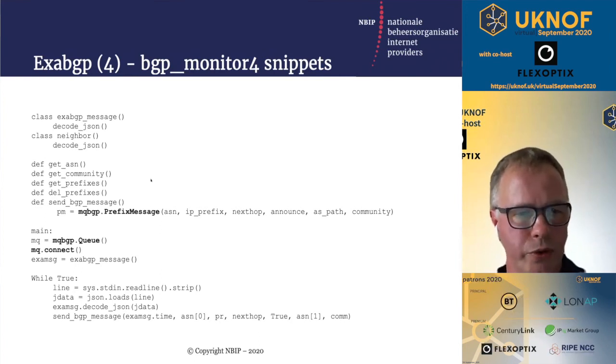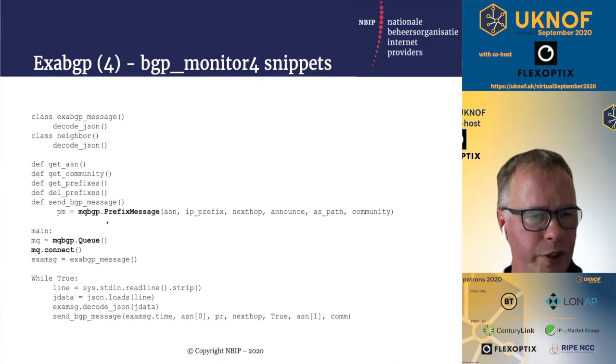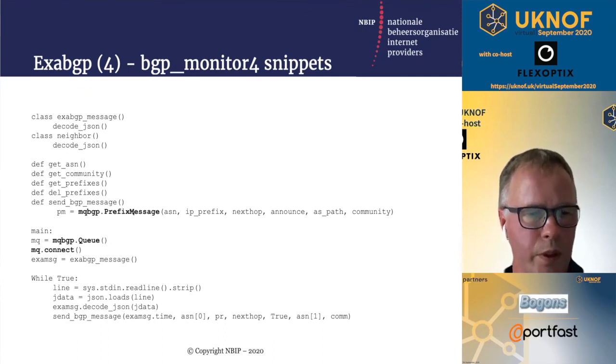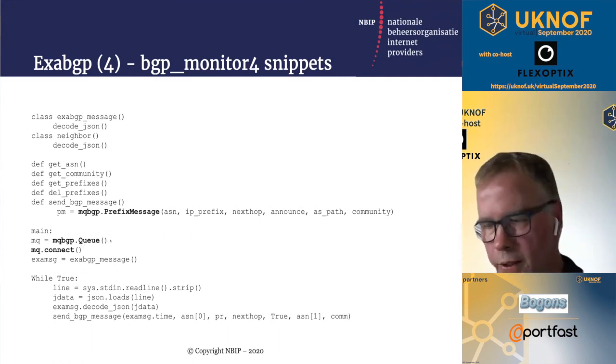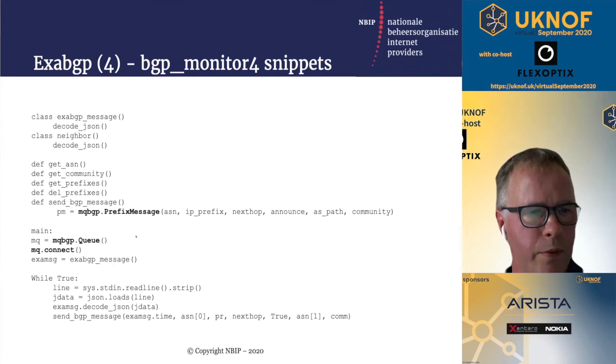The main part of the monitor is how to decode the BGP advertisements, and then it uses the library to set the message and to connect to the message server and send this message to the server. Just 3 lines of code.